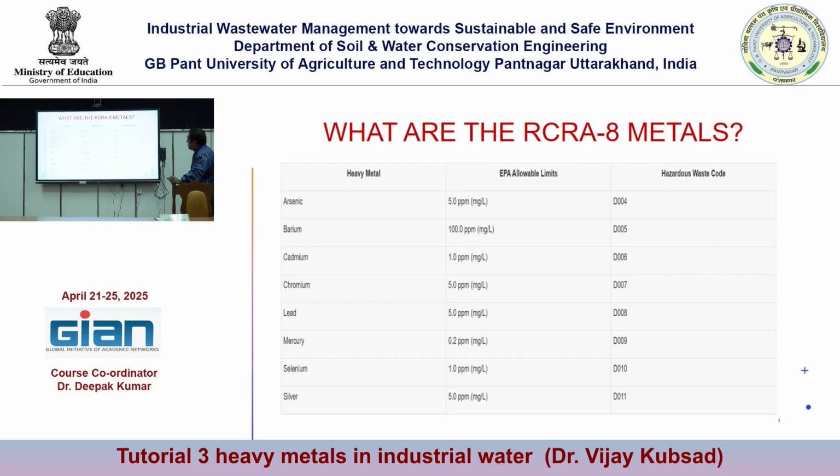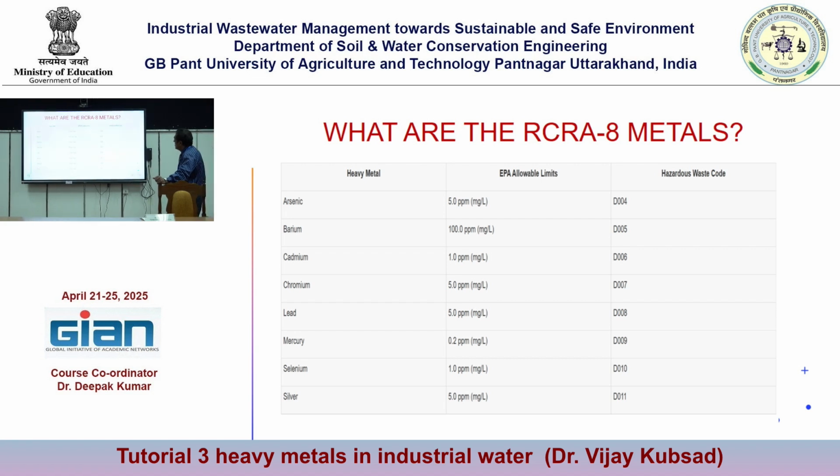Then, what are the RCRA 8 metals? They focus on heavy metals, allowable limits, and hazardous waste codes. You can get this in any reference. You see 1 ppm, 0.5, 0.2 for mercury.